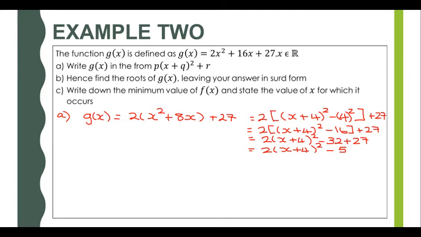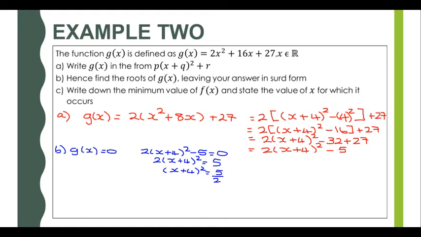We can find the roots by setting g of x equal to 0. So g of x equal to 0 means that 2x plus 4 squared minus 5 is equal to 0. We can now rearrange this. So 2x plus 4 squared is equal to 5, dividing by 2 gives us x plus 4 squared is equal to 5 over 2.